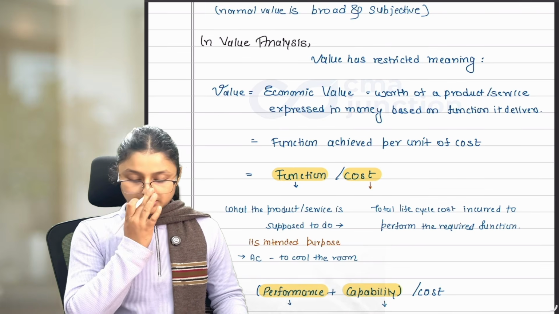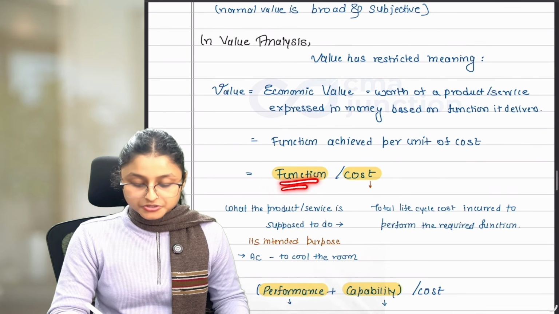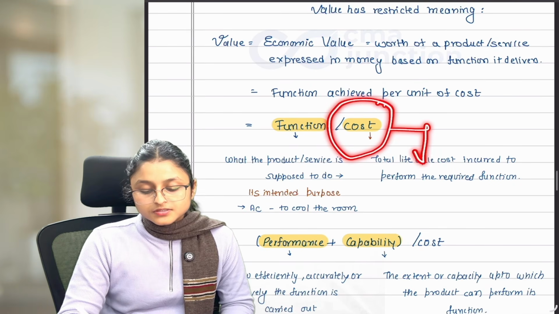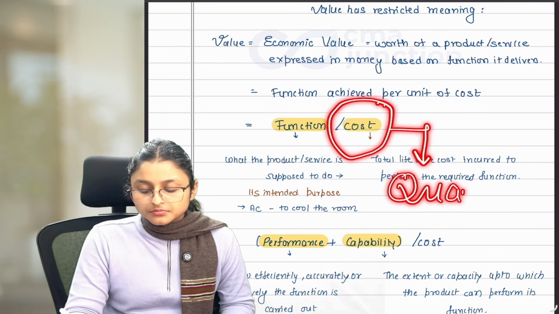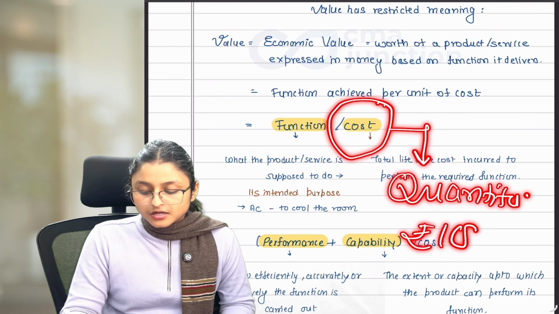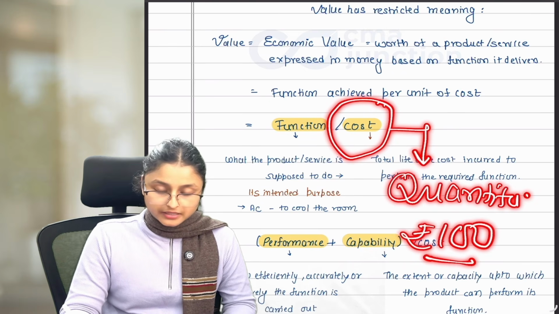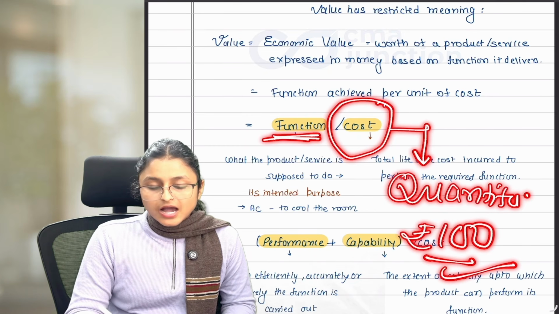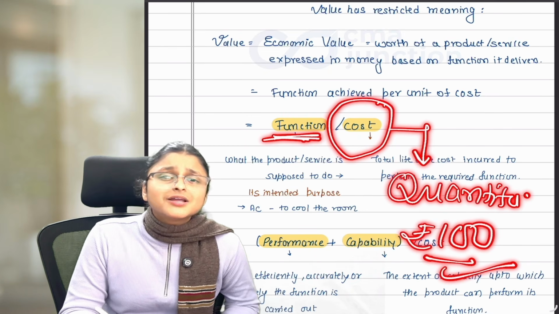So if you notice, we are dividing our function by the cost. Think about it. I can know the cost in quantitative terms, in money terms, right? I can write that cost is rupees 100 or 1000 or 10,000, anything. So I can write it in numbers. But how should I write the function in numbers?